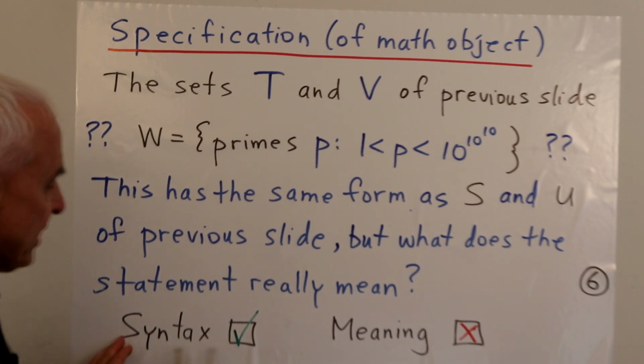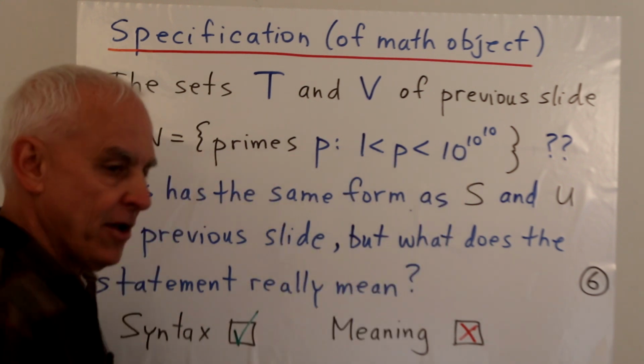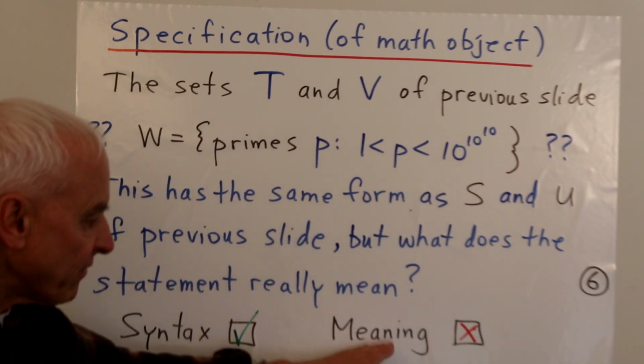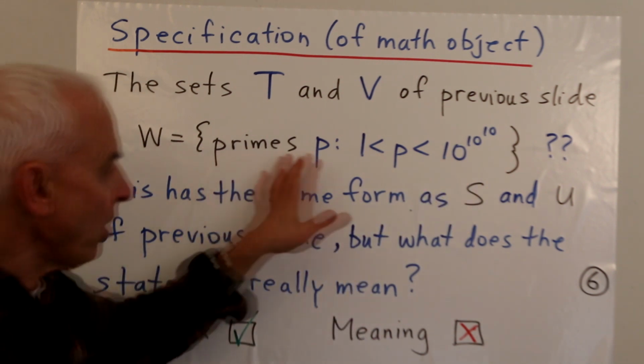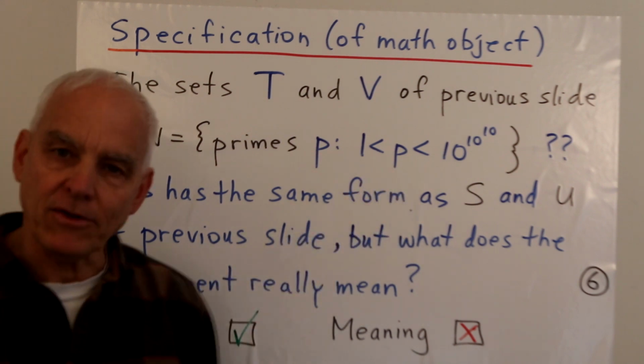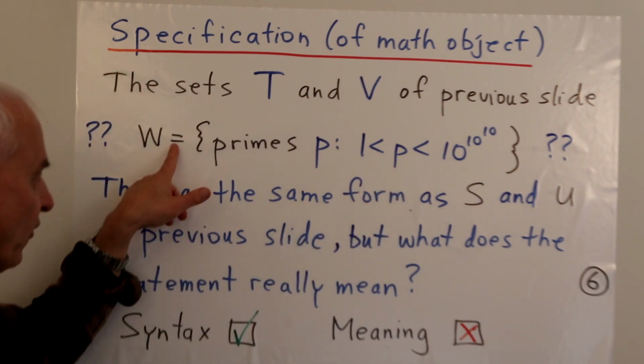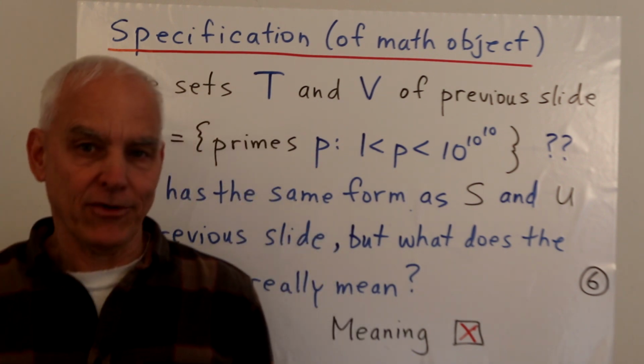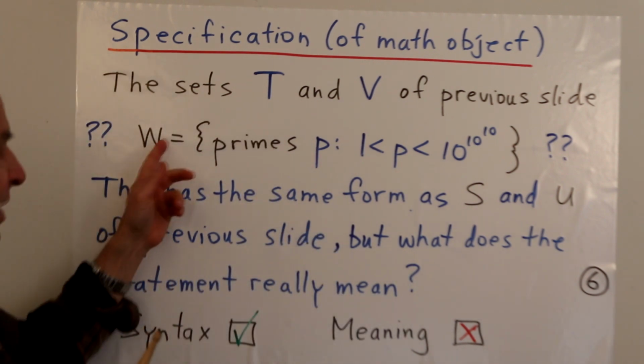So syntactically, this looks just like the previous versions with the smaller numbers here. But in terms of the meaning, it's not at all really clear what this thing even means. And so the role of this equality sign here is now causing us to scratch our heads. What does it mean to say that W equals this?